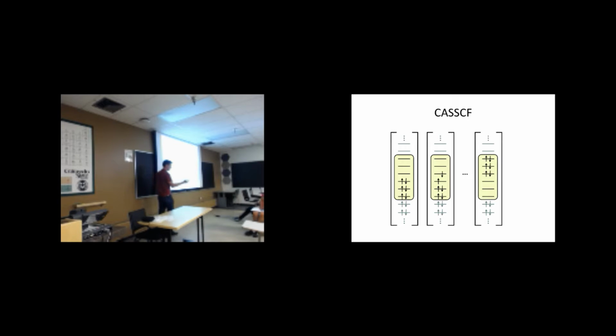You could do the combinatorics to figure that out. In the case of ethylene, we're going to just do 2 electrons in 2 orbitals, because we want that pi star to be our active space. So you can think of it as looking like this. Okay, so you have 2 electrons in 2 orbitals. And these pictures on the right are denoting some of the excitations you might allow in that space.